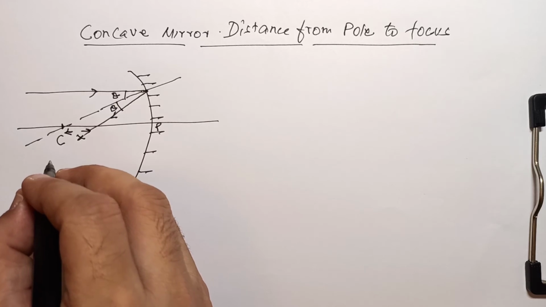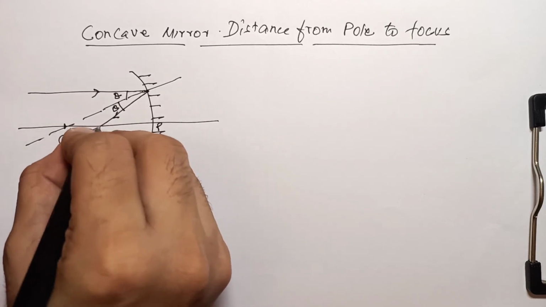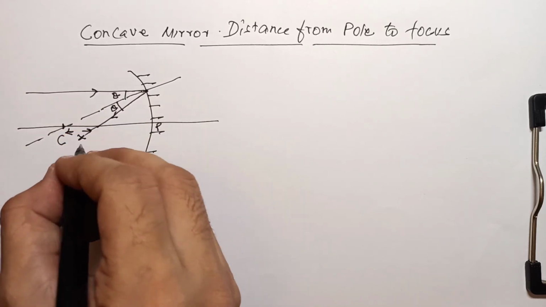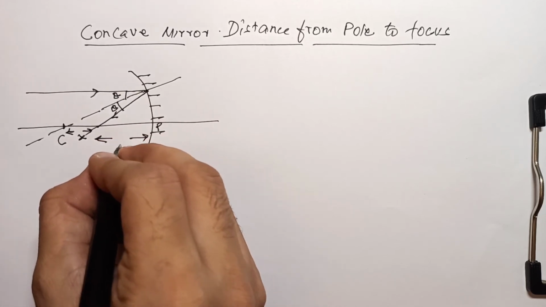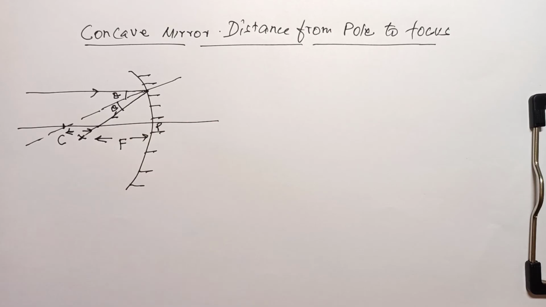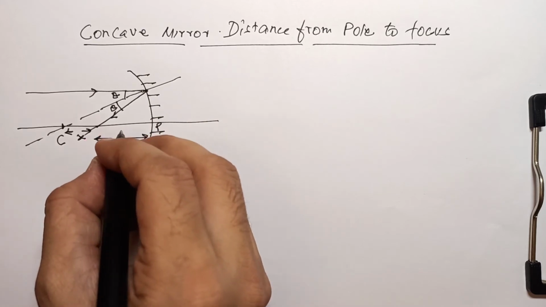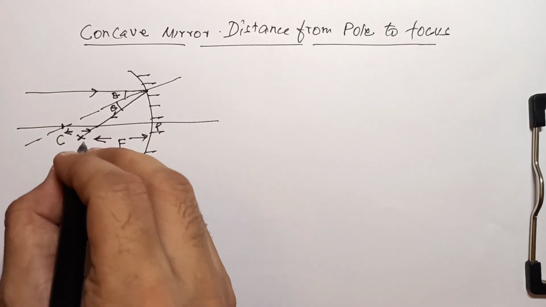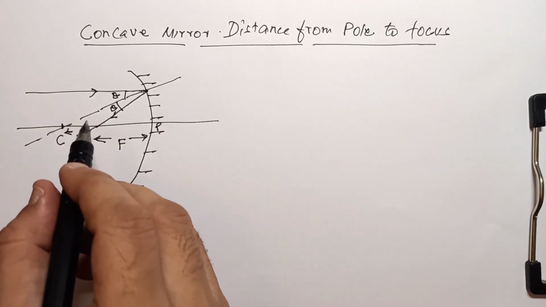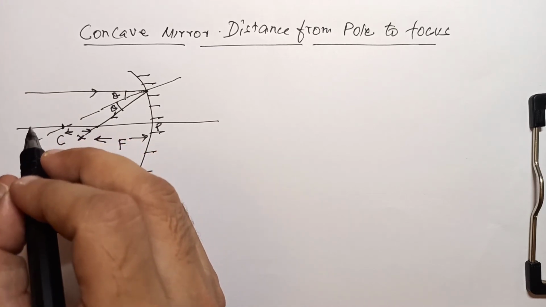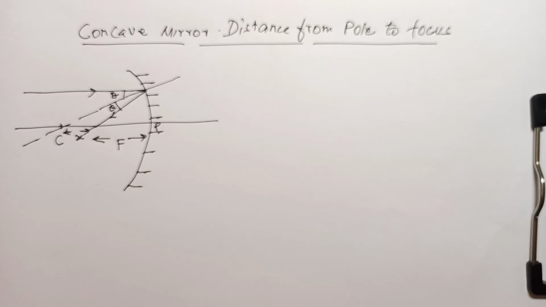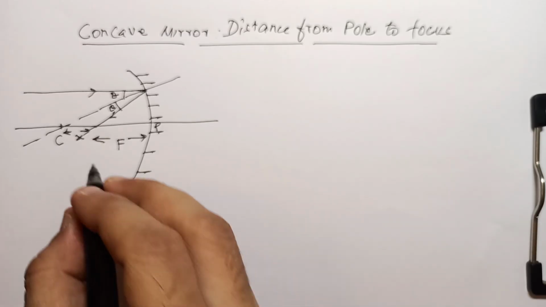Now let's say this distance is x, and this distance is f, and this distance is also f.